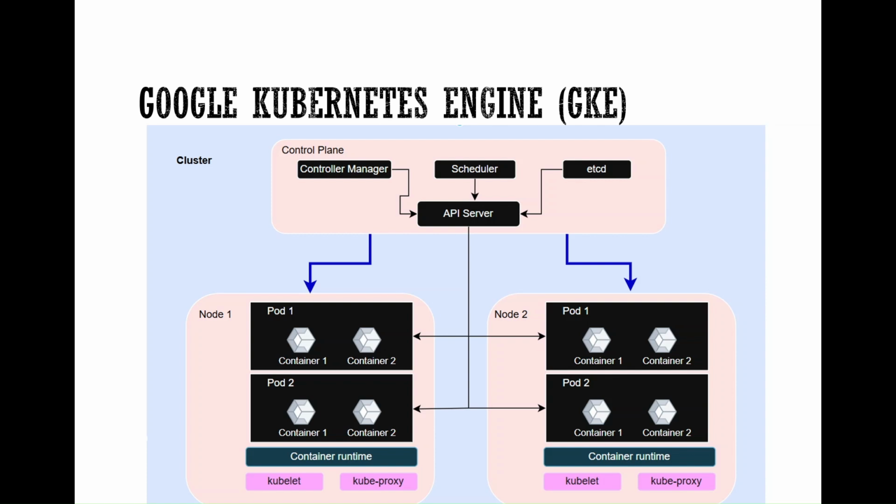Now the important part of this cluster is a node. There can be multiple nodes, and it is important to understand that the control plane itself is a node, but the behavior is different. When we talk about these nodes where we have pods, you can understand it as a machine in a Kubernetes cluster that runs the workloads. So that's a simple definition.